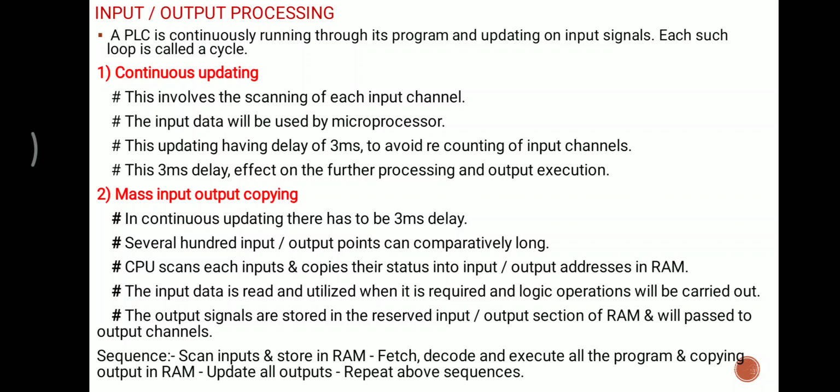Why do we call it mass input output copying? Whatever data we get from the input section, we copy it, we use it as per our requirement, we store that output into the RAM, and we pass those output signals to the output channel as per our requirement. So that is mass input output copying.